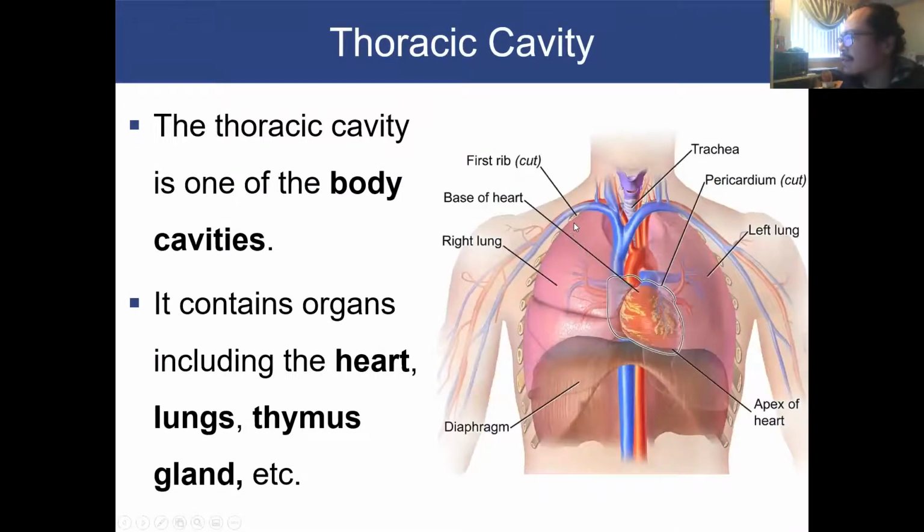The thoracic cavity is inside of a bone structure called the ribs. We will look at it again. It's separated from the abdomen by the diaphragm. Inside of it, we have the right lung and the left lung. We have the heart, which is wrapped by the pericardium.